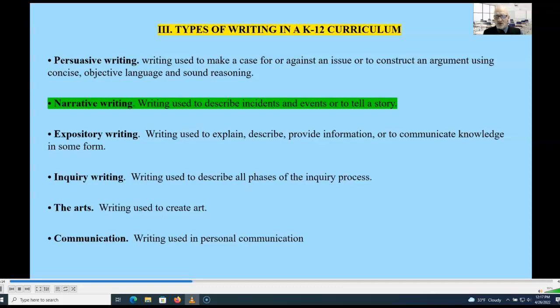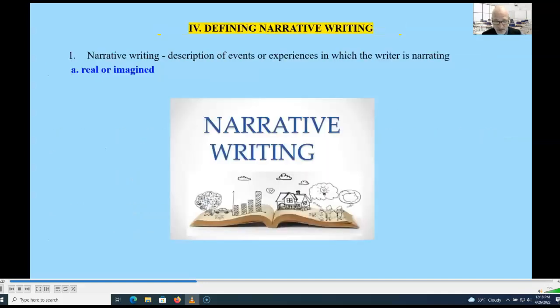Inquiry writing, used in the inquiry or the scientific process. There's a specific type of writing when you're describing an experiment or a survey or an observation. The arts, I'll touch on that briefly today, and then communication, personal communication. All of these should be included in a K-12 writing curriculum.